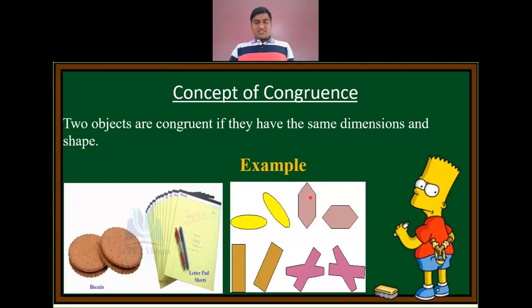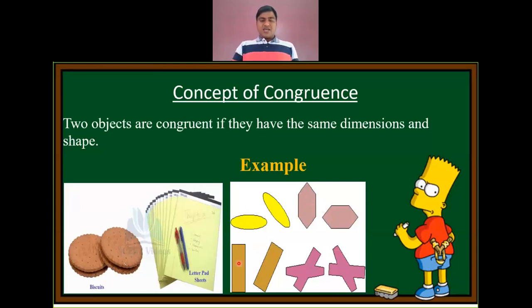Now this is a hexagon, 1 2 3 4 5 6, and this is also a hexagon, 1 2 3 4 5 6. So this hexagon cannot overlap this hexagon, so therefore these two hexagons are not congruent to each other.